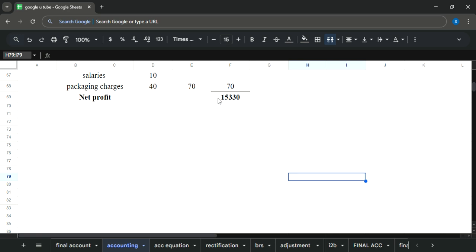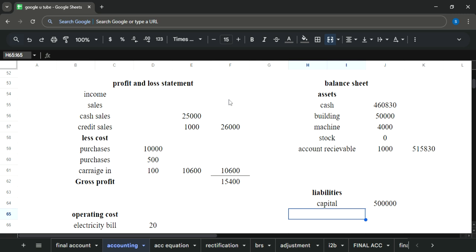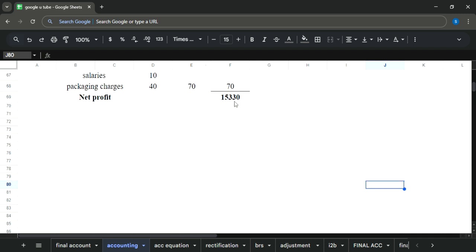Actually, the right of this business is possessed by the owner. Although the business activity has been made, the owner has complete right to get the profit of the business. So you will add this profit. You may call it net profit. And this profit we have calculated was 15330.